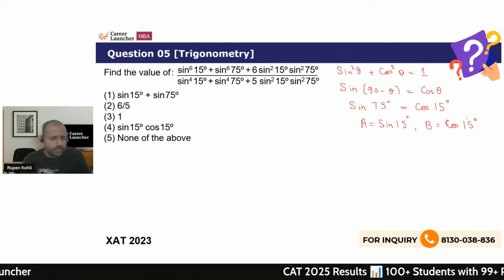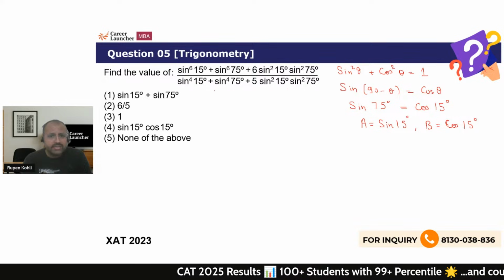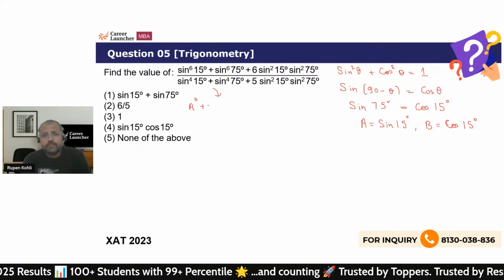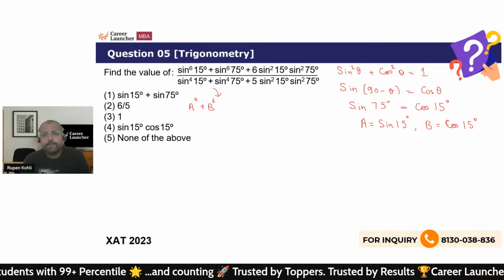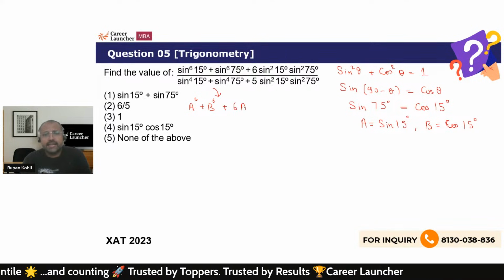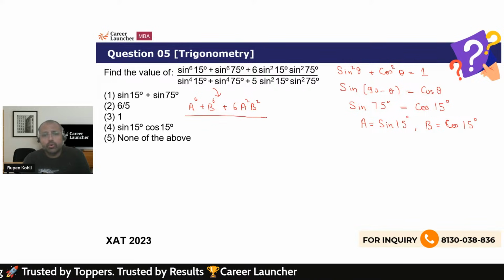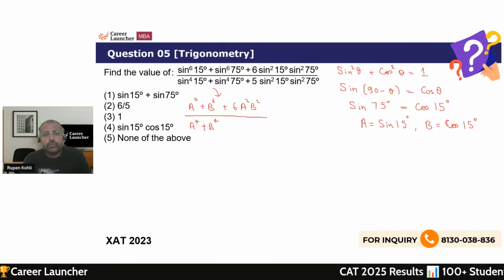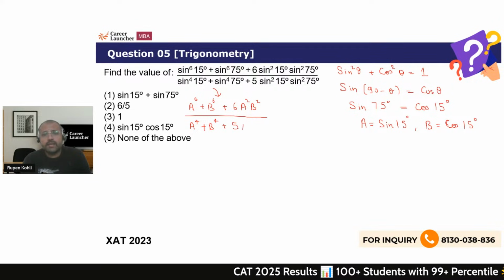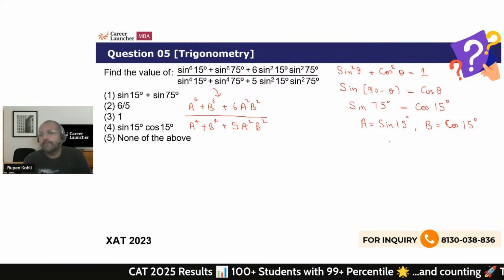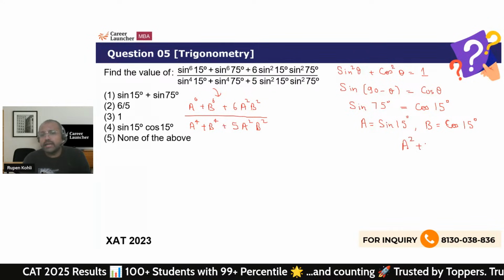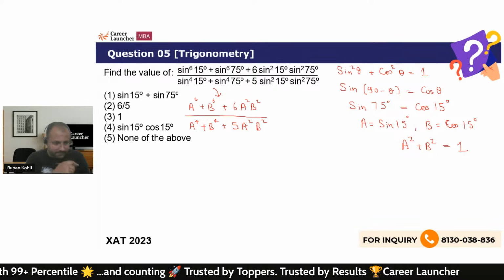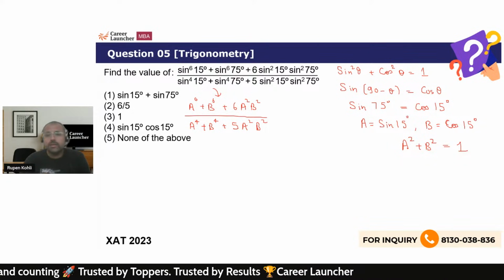So this expression will become A raised to 6 plus B raised to 6 plus 6A square B square, whole over A raised to 4 plus B raised to 4 plus 5 times A square B square. And I very well know that A square plus B square is always 1, right? A square plus B square is 1.